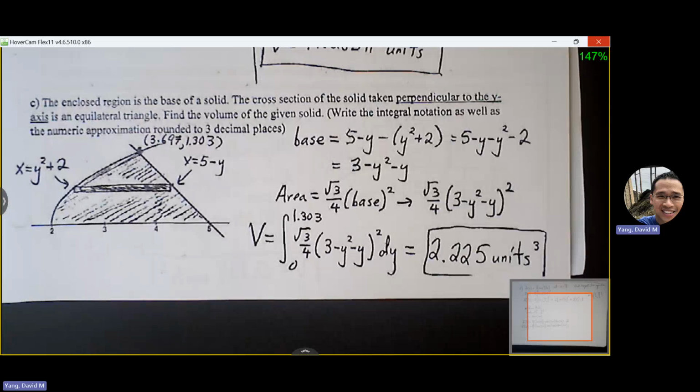Let's think about what orientation that is. Y-axis is vertical, perpendicular is going to make it horizontal. So we're going to draw a horizontal base length.